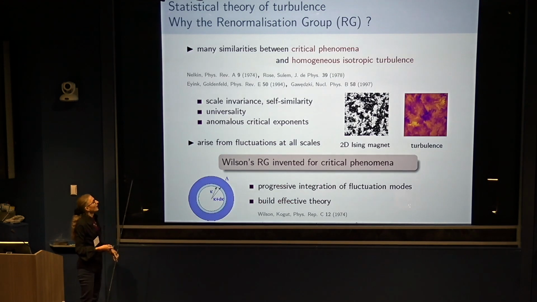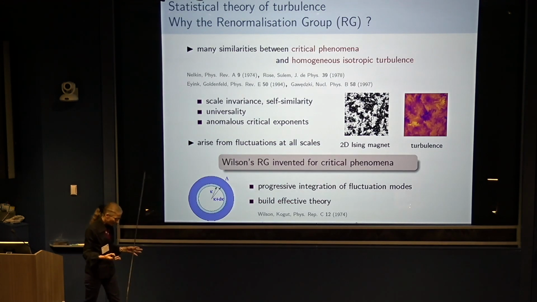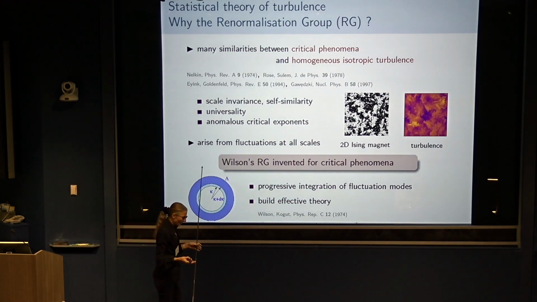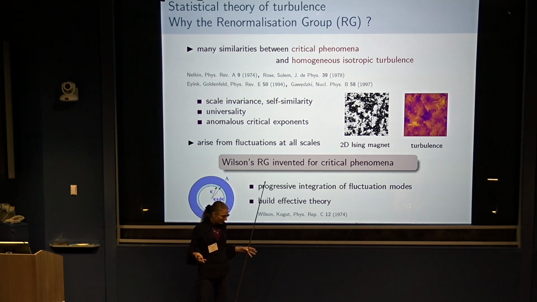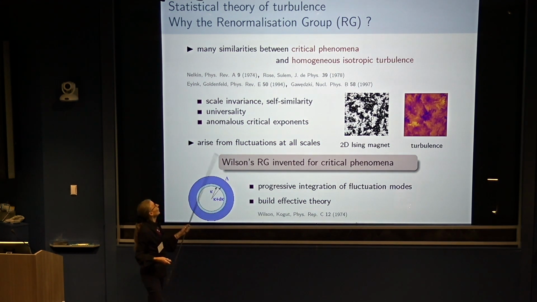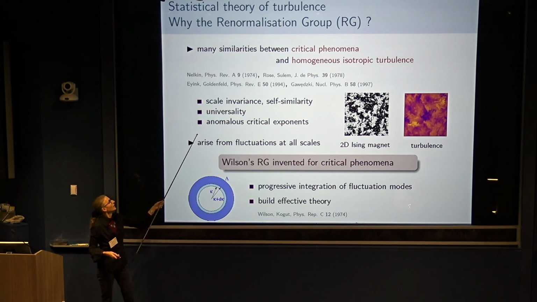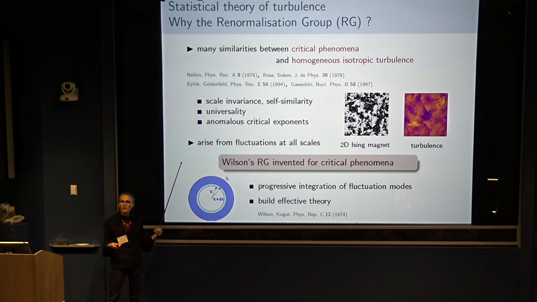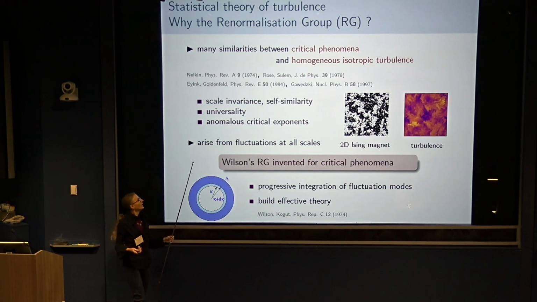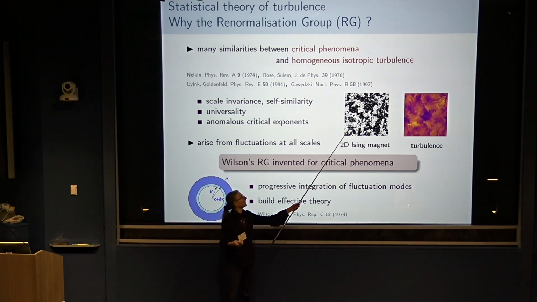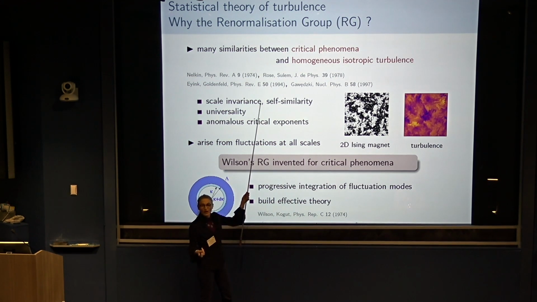The approach that we are interested in is calculation from first principles. All that I've just described is reminiscent of what happens in critical phenomena. Think, for instance, of an Ising magnet at the critical temperature. How would you describe this critical state? It's scale invariant, with self-similarity.